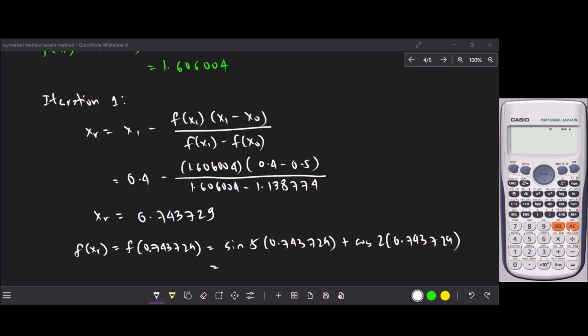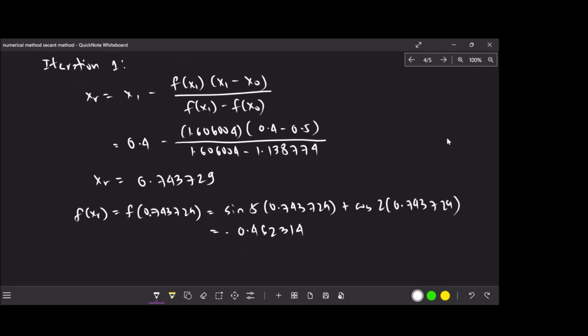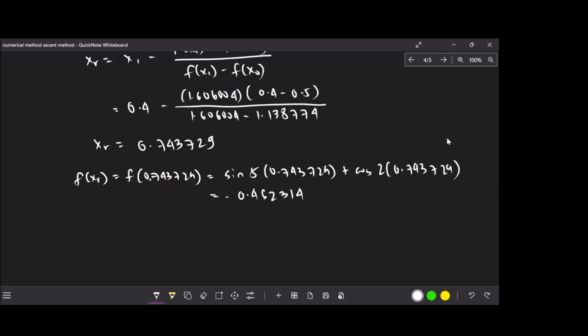So this is equal to negative 0.462314. Okay, so we're going to get the absolute error.